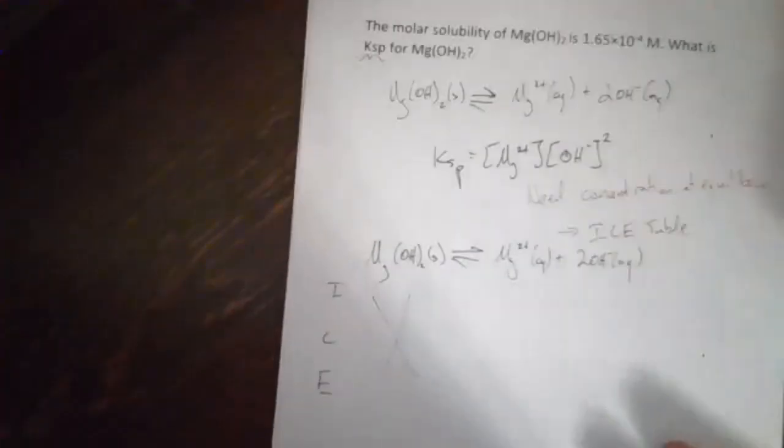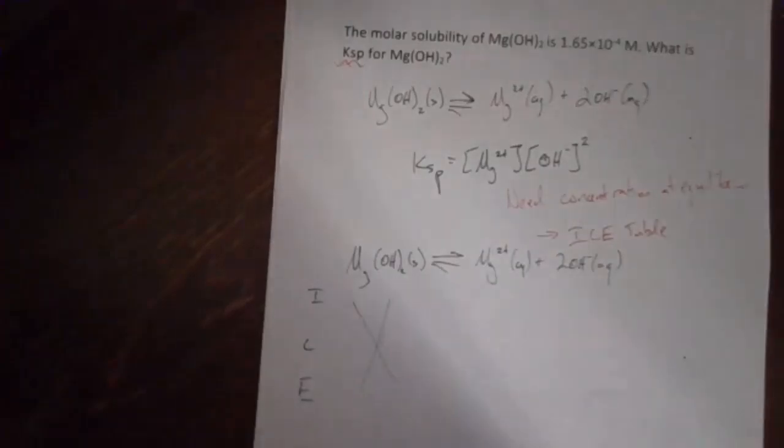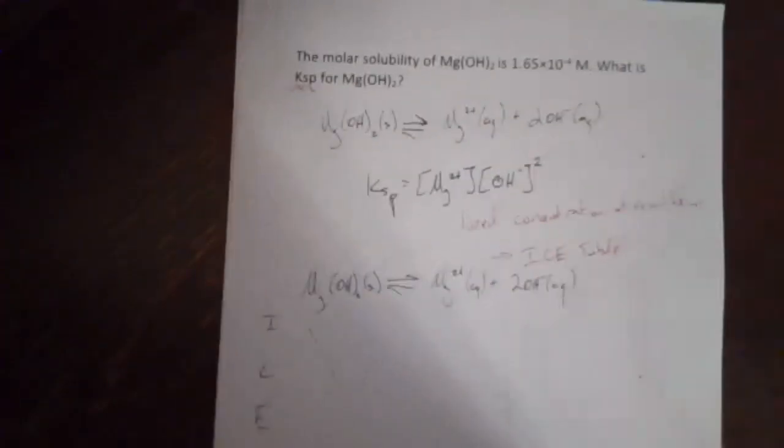Magnesium hydroxide is magnesium 2 plus and 2 hydroxides. And we know that the magnesium hydroxide is a solid, so that's not going to show up. What we're looking at is really the actual dissolving of this salt.